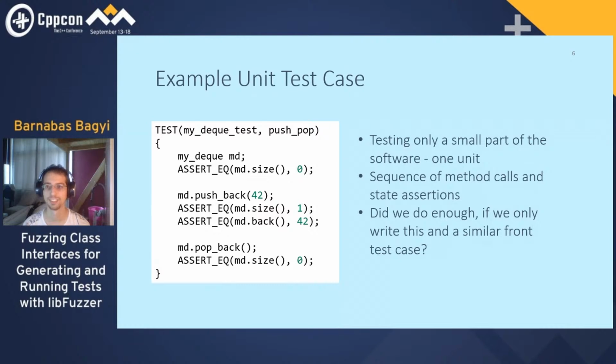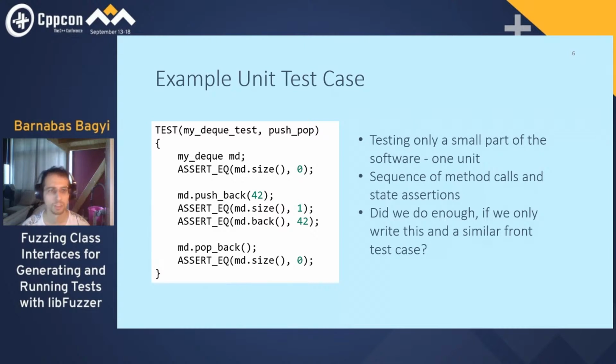This test is great because we are only testing a small part of the software in isolation, which makes it far easier to find the root cause of an issue if we encounter any. One very important observation for the sake of this talk is the structure of the unit test. It's practically a list of method calls with assertions in between them.